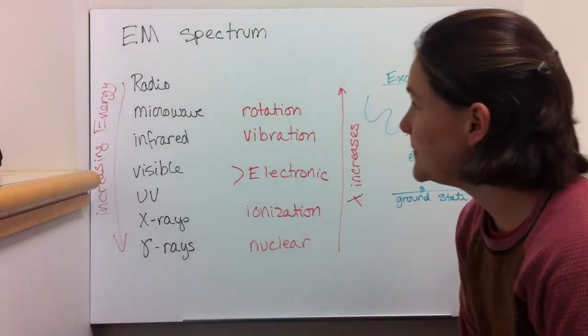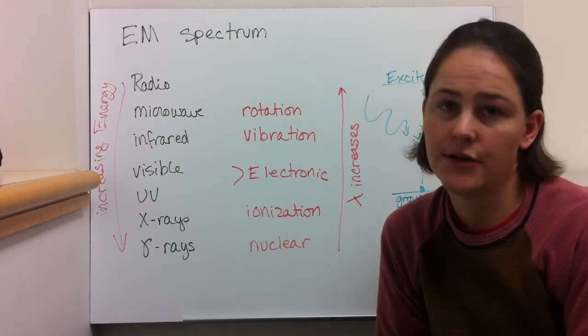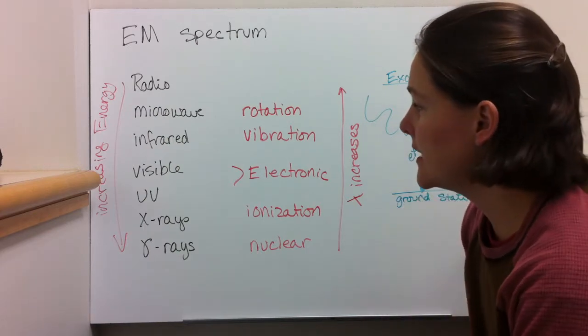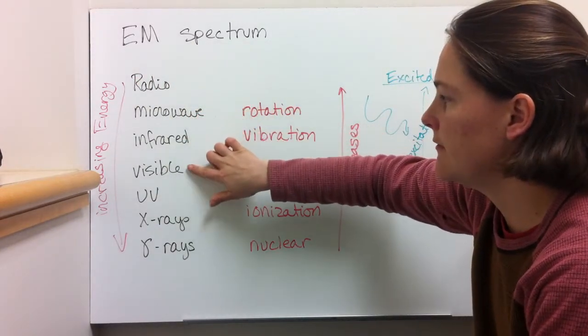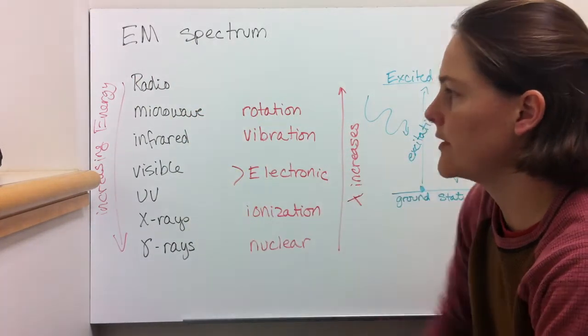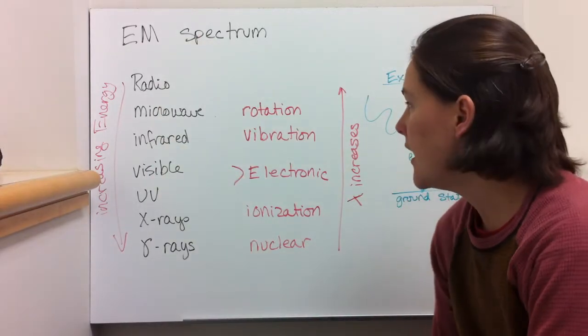Alright, so let's talk briefly about the electromagnetic spectrum, and I'm going to show you a better picture in class, but basically you have radio waves, microwaves, infrared, visible, UV, X-rays, and gamma rays, and those are listed in terms of increasing energy.